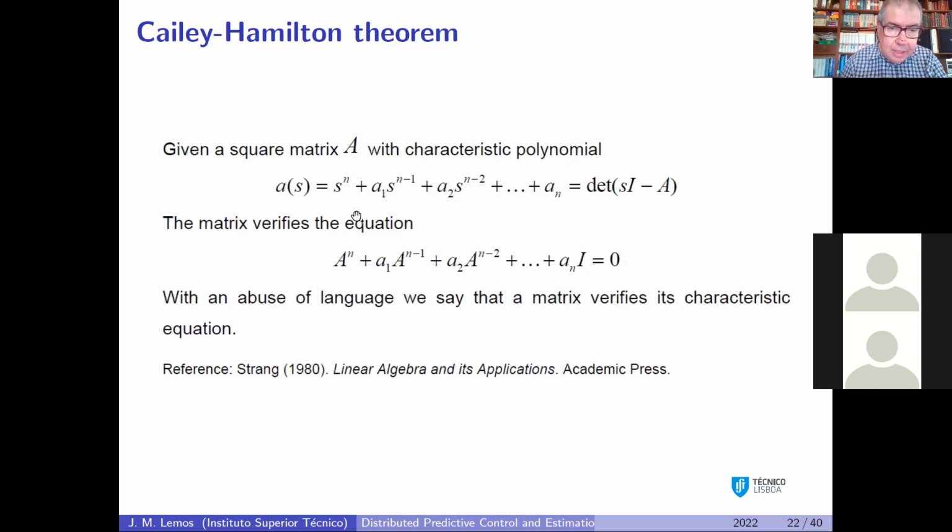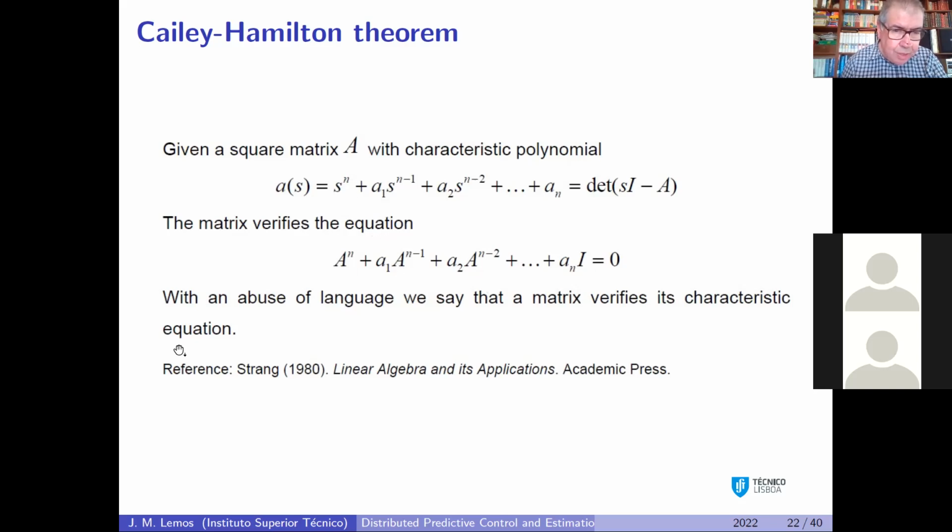So this gives you a polynomial, where the a1, a2, etc., an are real numbers. And the Cayley-Hamilton theorem says that the matrix verifies this equation here. So you replace s by A, and you get this result.